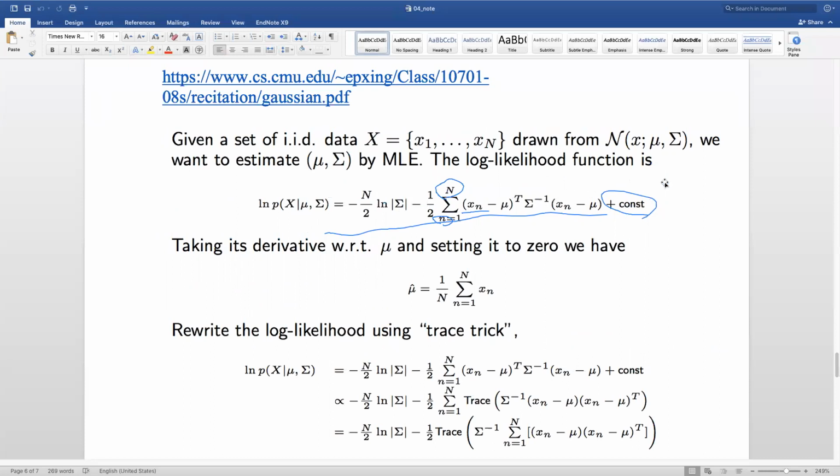The quadratic form, and the prior, and the 2 pi term go to the constant. Otherwise it's the same for different classes, so we don't care about the difference. For any class, class 1, class 2, class 3, they are all adding the same thing.